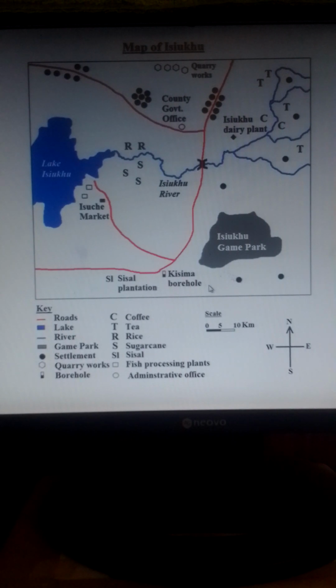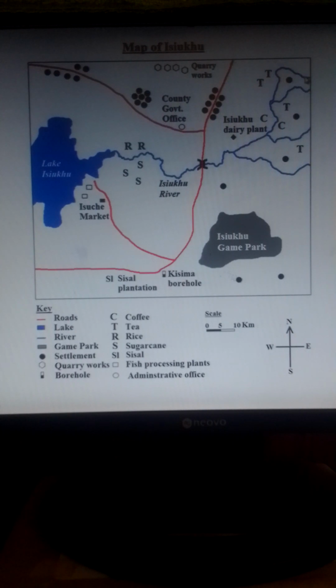Now, how can we tell how the land is sloping? To tell how the land is sloping, we look at the direction of the flow of the river. We have this river, the Sihu River. These are the tributaries of the river.